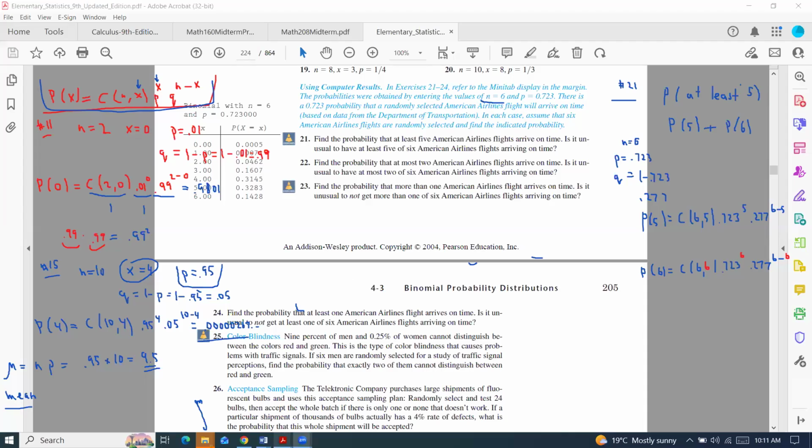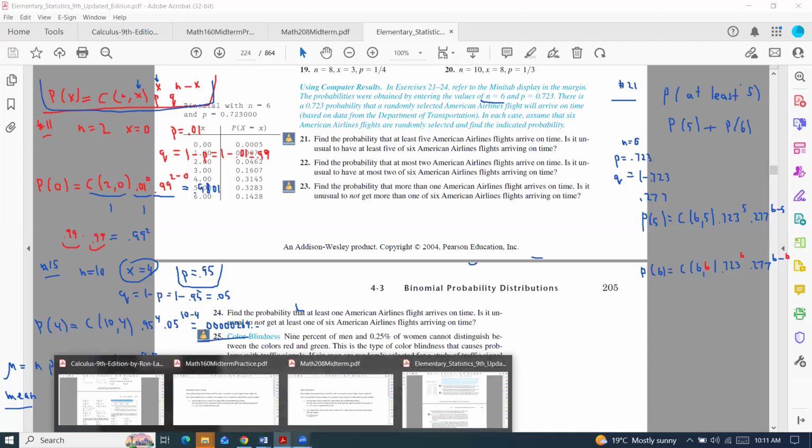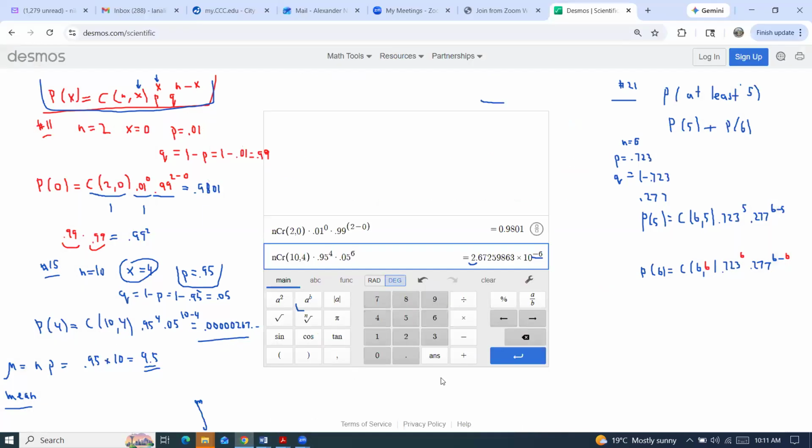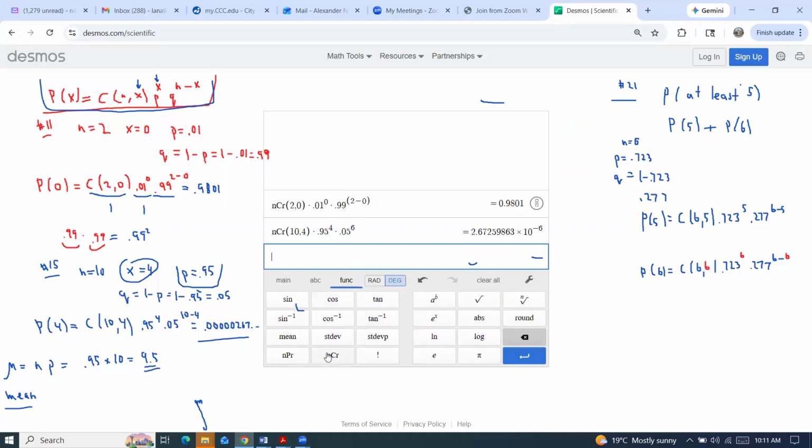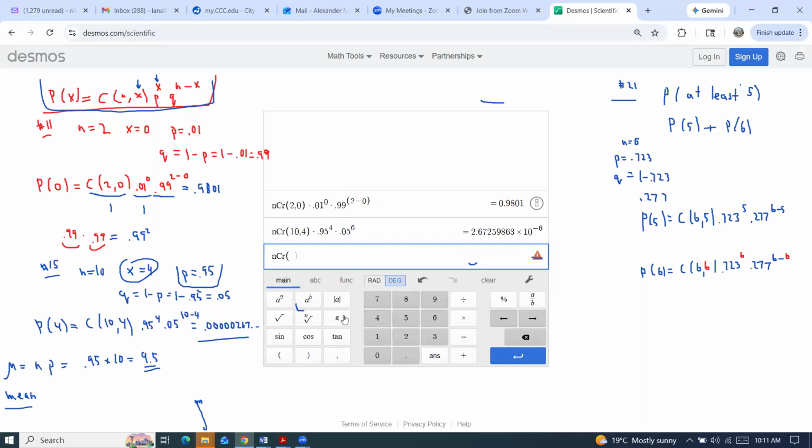So let me go back to my favorite calculator and start to enter functions, right? Combinations, functions. 6, 5. So go back to main and put numbers 6, 5 parentheses times. And now I go 0.723. So I need to multiply by 0.723. So again, a nice feature of this calculator is that you can see everything, because if you mis-enter something, you will always be able to fix that because you see everything.